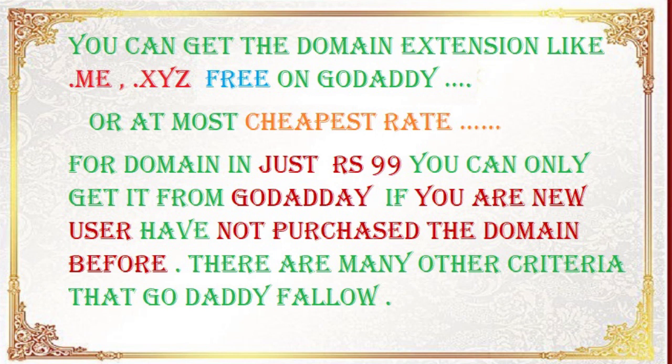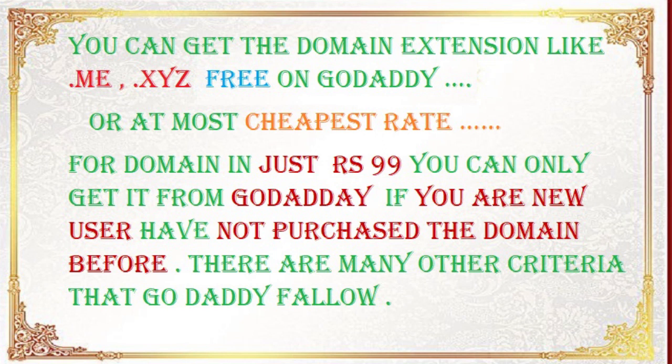There is another way by which we can get domain names like .com, .org, .co. All these domain names we can also get at the cheapest rate that is available, at 99. You might have seen lots of ads. So for that there are certain rules. You need to be a beginner.